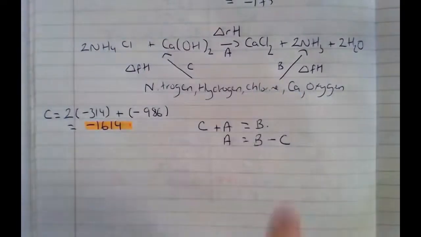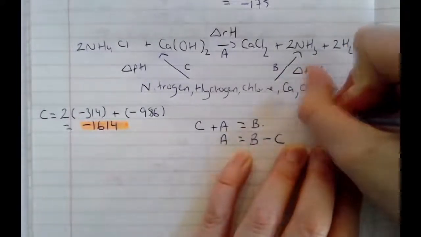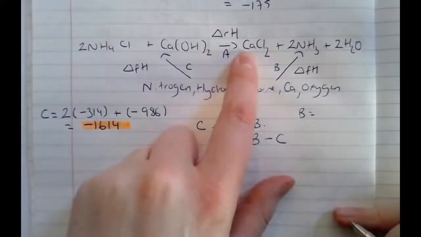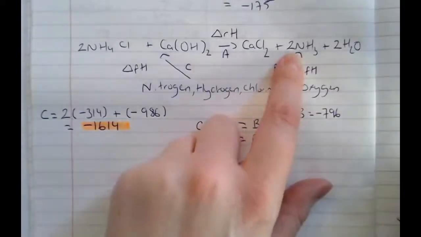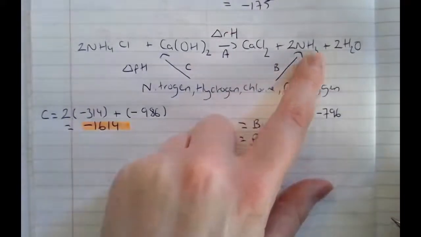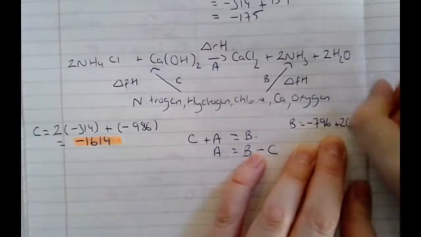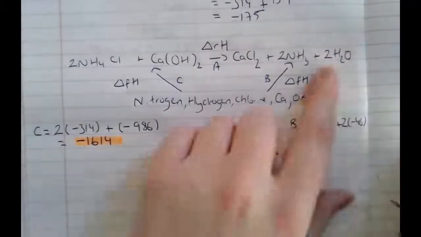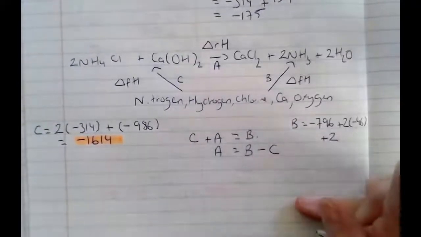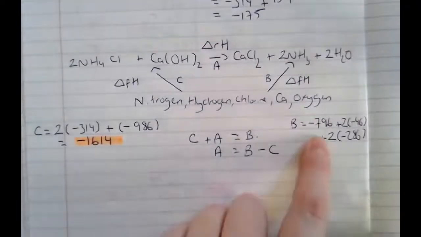Then I come over here to the other side and I'm going to work out what B equals. B equals, I've got CaCl2, which is minus 796. I've got a big 2 in front of NH3, so it's going to be 2 times minus 46. And then at the end, I've got my water, and again, I've got 2, and the value for H2O is minus 286.